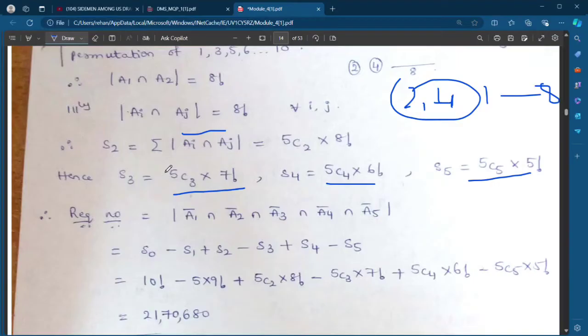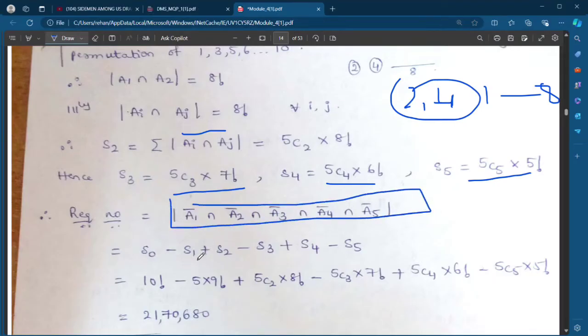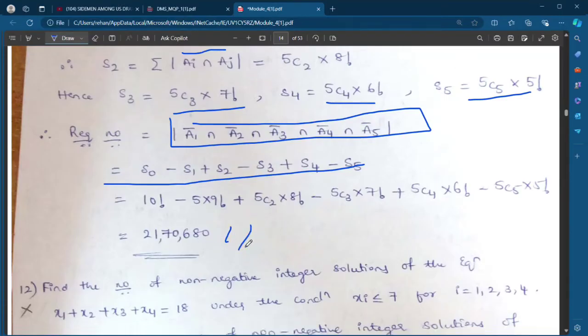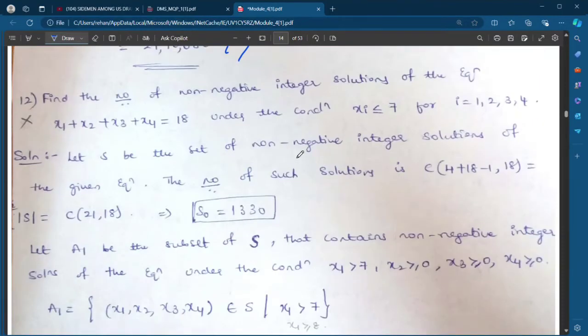I have to take the arrangements such that no even number is in its original place, so I will take the complement of the whole union, which is S0 minus the union. That is S0 minus S1 plus S2 minus S3 plus S4 minus S5. Whatever number you get, you write it down.